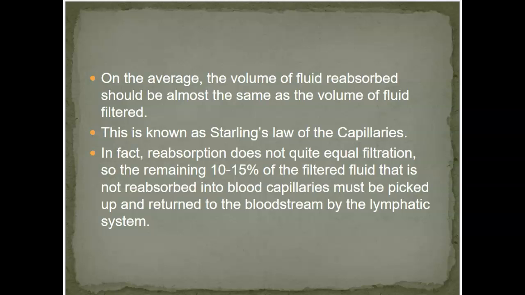So that lymphatic system is what we'll talk about in the next upcoming videos once we get out of the circulatory system. But it's also how, in this interstitial space, you can have bacteria that gets picked up by the lymphatic. You can have viruses which get picked up and moved to the lymphatic. You can have cancerous cells which get picked up and moved back to the lymphatic.